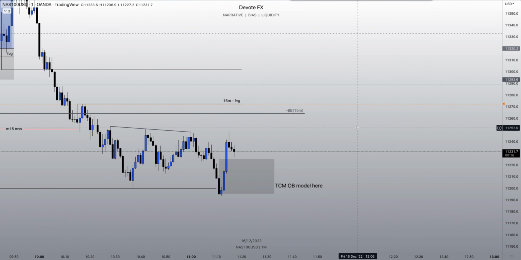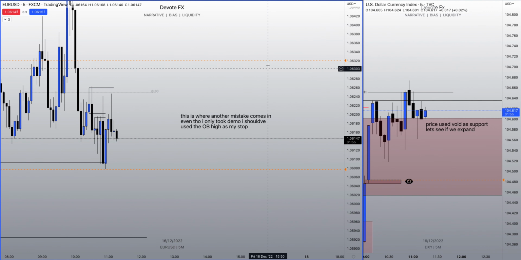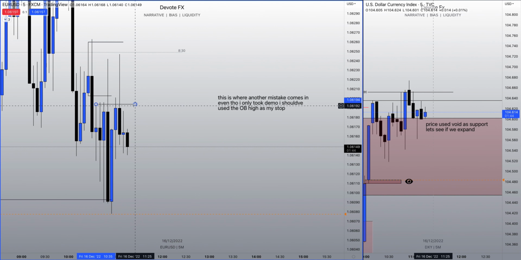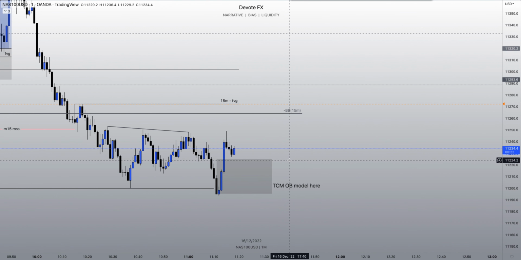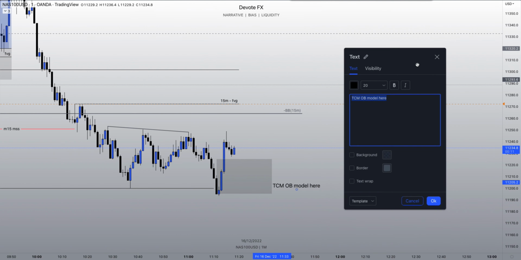So this doesn't materialize into anything worth noting. I wouldn't be interested in longs there. Just observing another creator's model possibly play out.